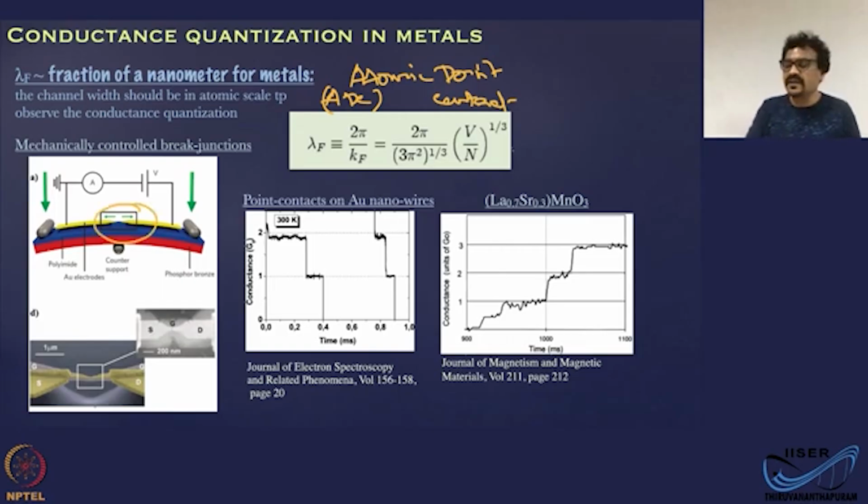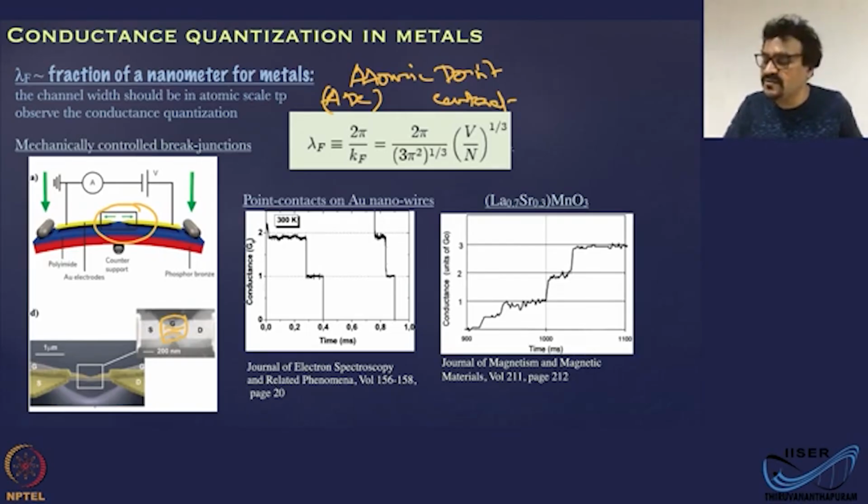For example, as shown here, you can take a nanowire, then etch it down and make a neck-shaped region in the middle. Then you pull it or bend it such that in the last few moments the contact is broken atom by atom.